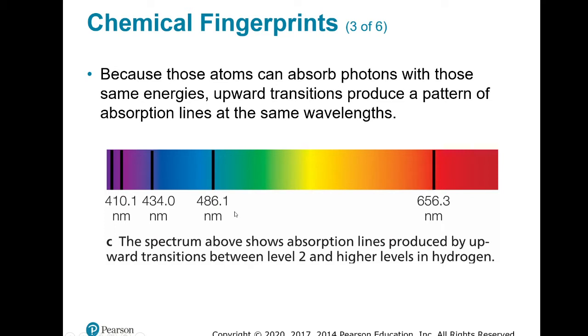In that instance, we get what is called an absorption spectrum. This is caused by atoms within a gas absorbing certain wavelengths of light, and we can determine what wavelengths those are and use that to identify the gas itself.